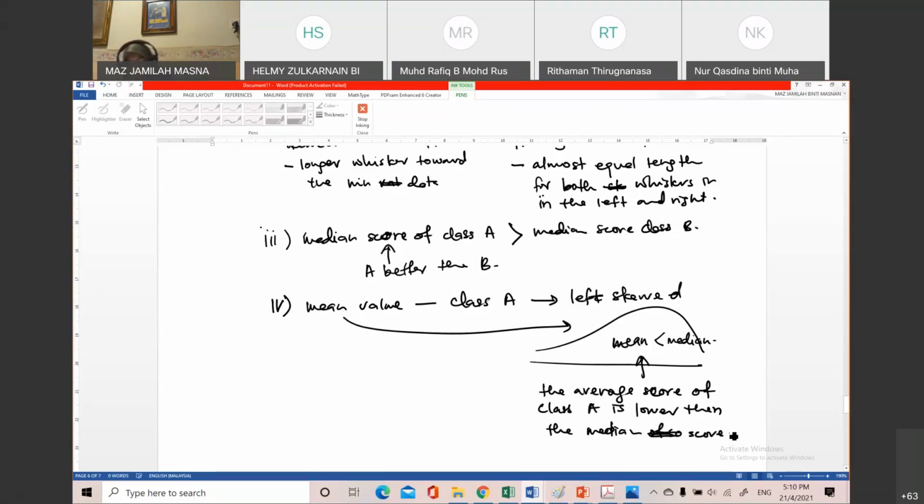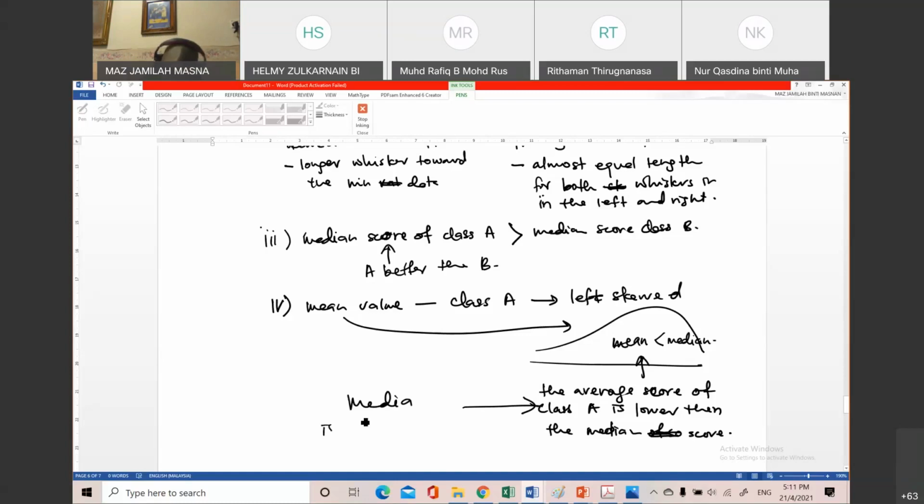Okay, class. My next question, this is my additional question. Between mean and median, which is the best measure of central tendency to represent score for class A? Median, yes.